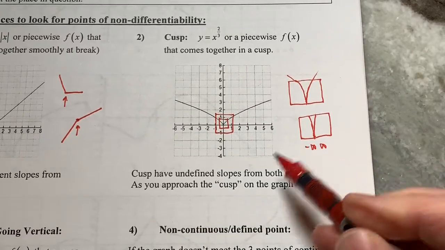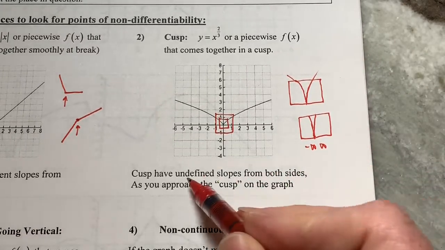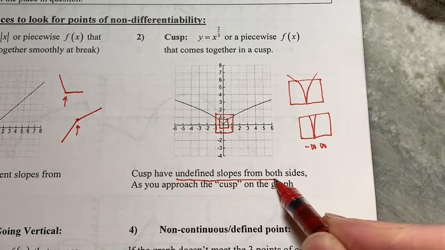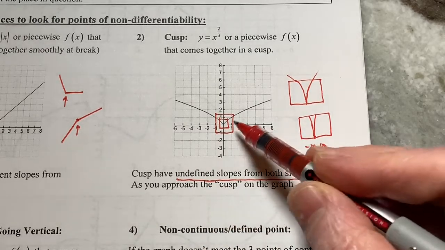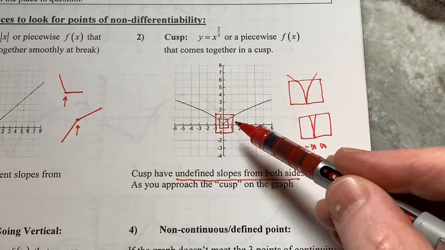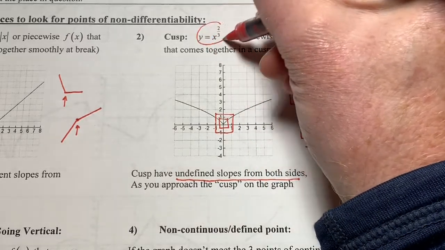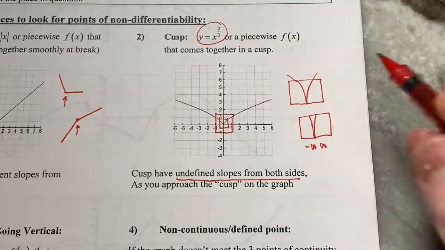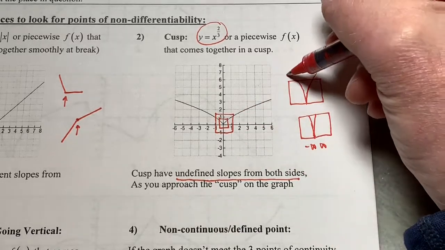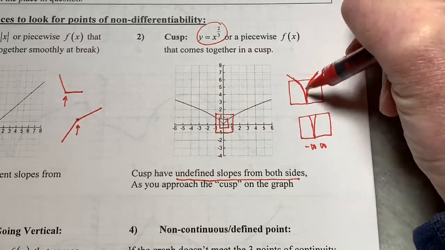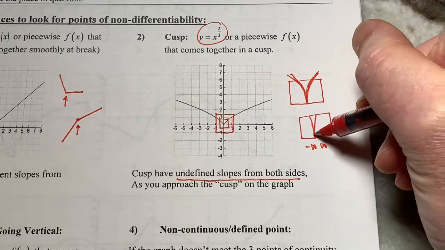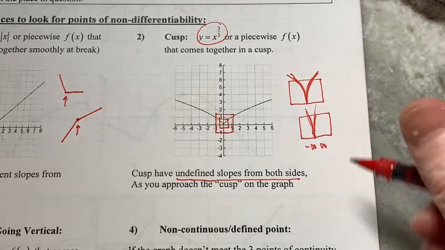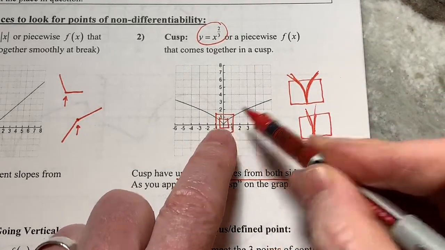So not only are the slopes different from both sides, but they're undefined from both sides. It doesn't look undefined in this picture, but if you were to actually graph that equation or something similar to it and zoom in more and more, you'll see that graph gets more and more steep the more you zoom in on it. And it gets so steep that it actually is going undefined there.